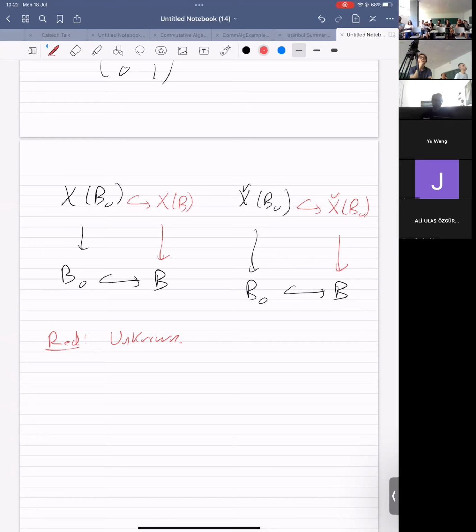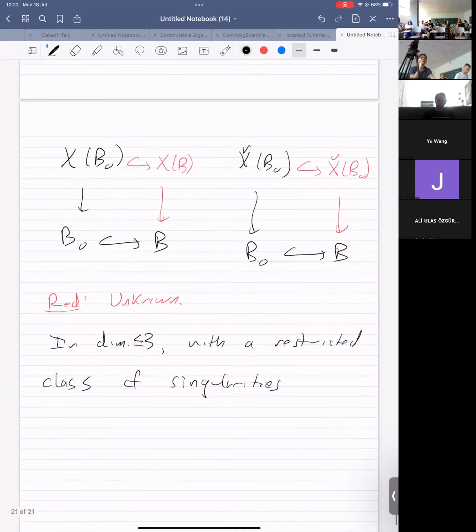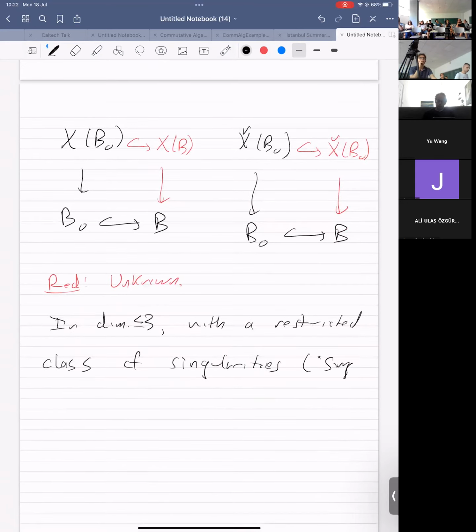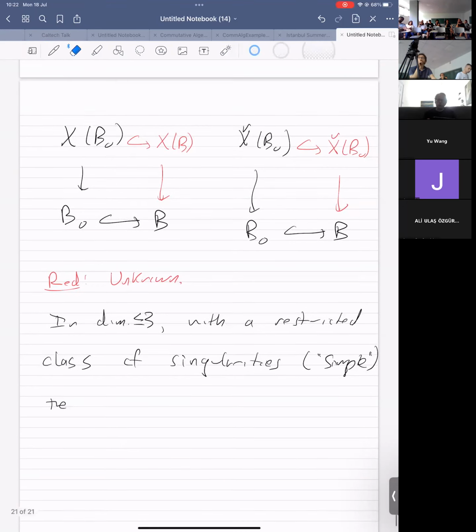But we do know, for example, in dimension less than or equal to 3, with a restricted class of singularities, the word is simple. I'm certainly not going to define it. Sorry, there should not be a 0 there. That's the whole point.